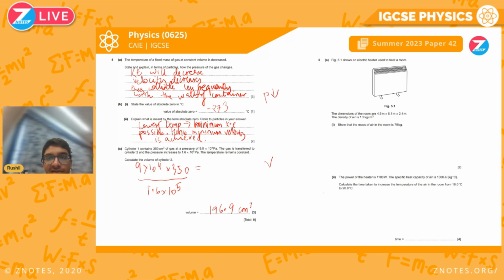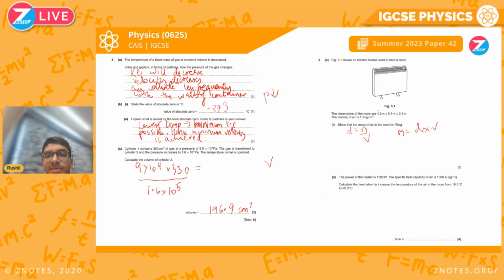So question 5 shows an electric heater, which is used to heat a room. The dimensions of this room are 4.5 into 6.1 into 2.4 meter cube. The density of the air is 1.2. Show that the mass of the air in this room is 79 kg. So as we discussed early on, density is equal to mass by volume. Hence, mass is equal to density into volume.